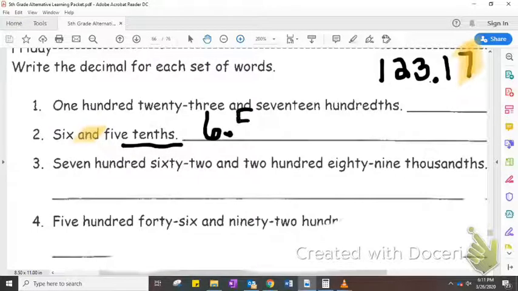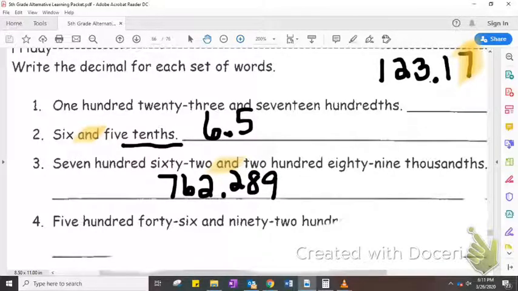So that 5 needs to go in the tenths place. 762 and 762, and there's our decimal point. 289 thousandths. So that 289, that last digit needs to be in the thousandths place. And it is.